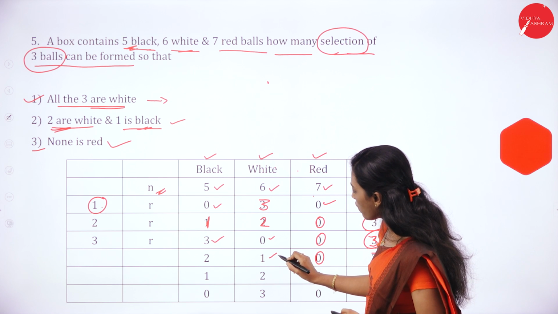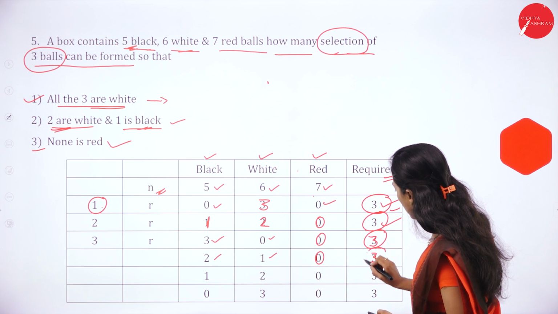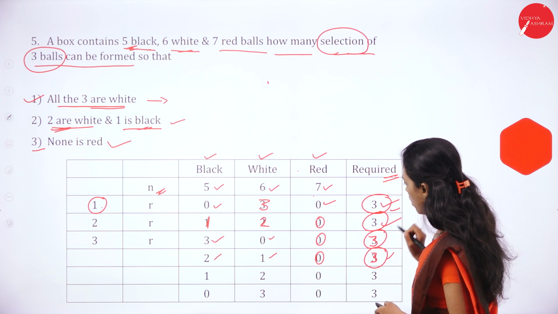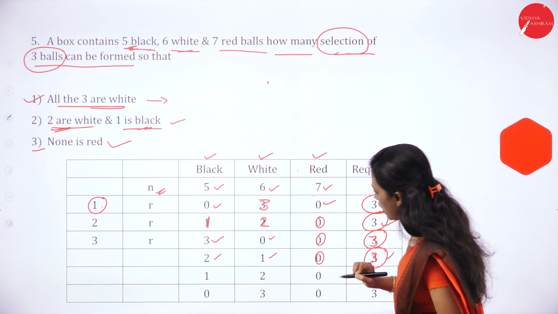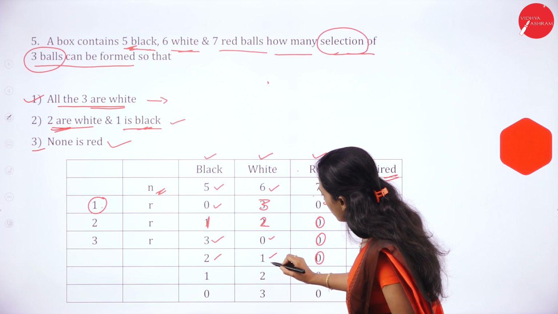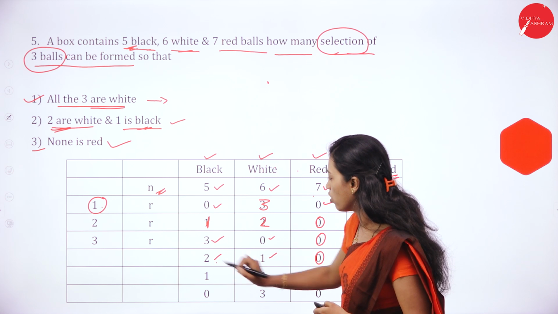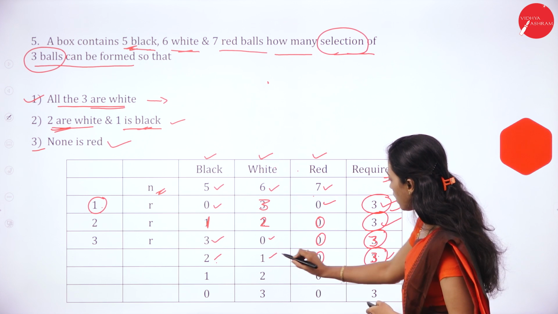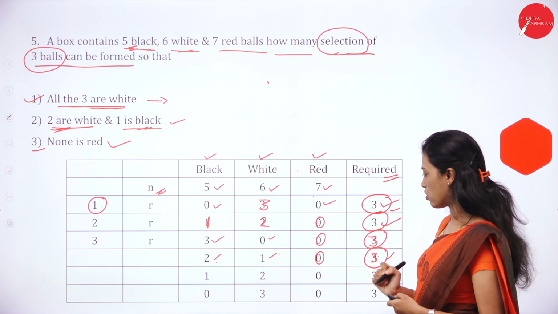If we take one white color ball, remaining will be 2 because we required 3 balls. Out of 3 balls, none is red means 0. We can select one white ball and remaining will be 2 only. 3 minus 1 is 2. We can arrange in this way also.